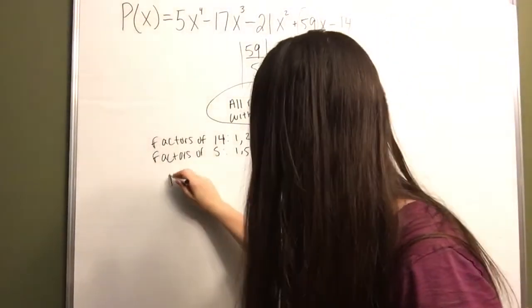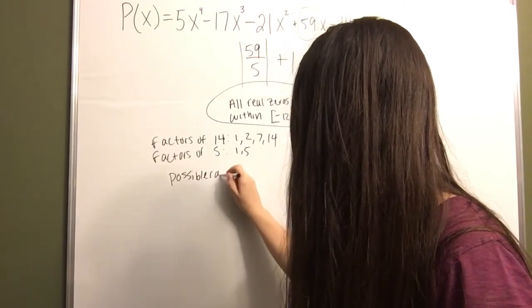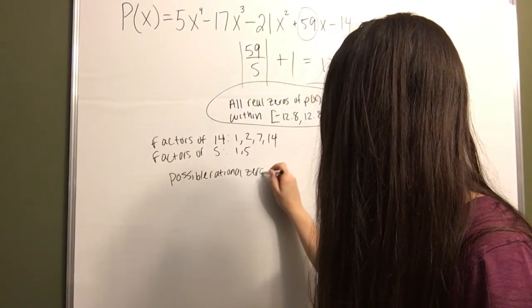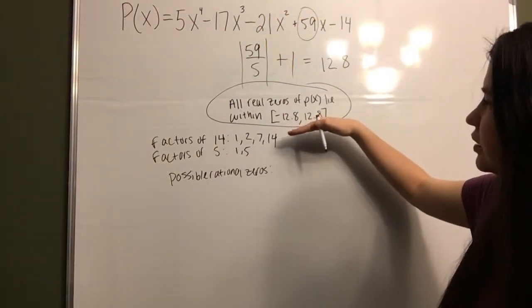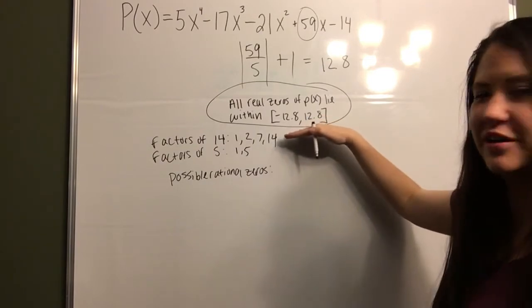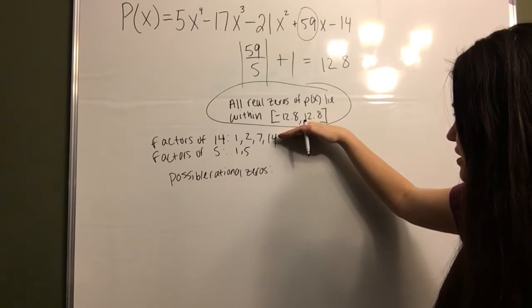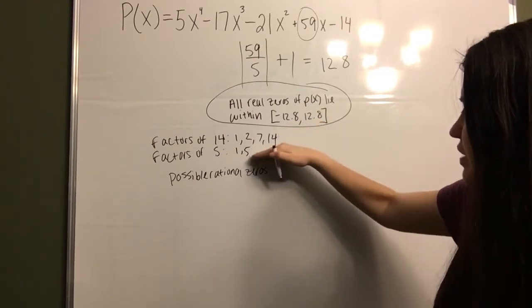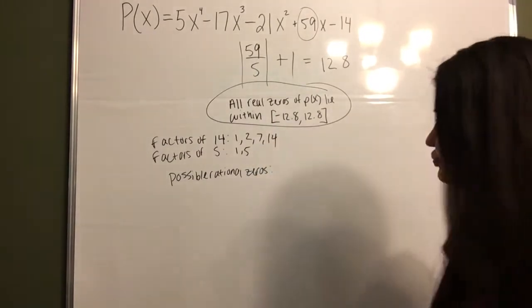So our possible rational zeros are going to be every combination of the numbers that are divisors of 14 divided by the divisors of 5, okay?